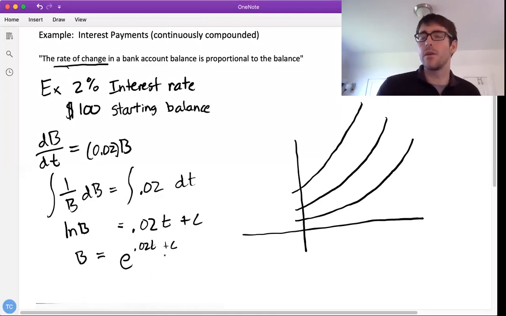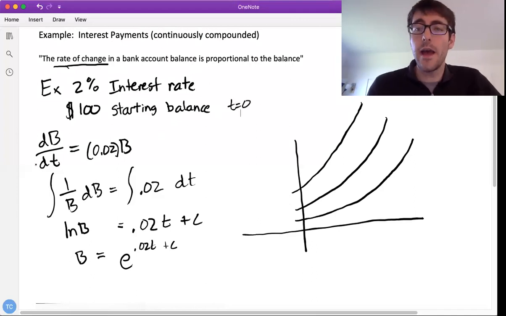And the c is sort of a way of specifying which of these infinitely many solutions is the one that we're talking about. So in our example, if what we're after is some function talking about this particular bank account, right? At time t equals 0, we're saying that there's $100 in the account.